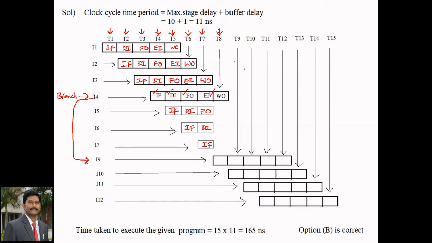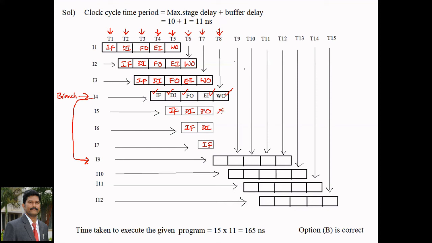at the execution of the branch instruction is completed, then it knows that all of these are wasted instructions, I5, I6, I7, so it deletes all of them. Anyway this enters into the WO stage, no problem, but in the IF stage it will not enter.